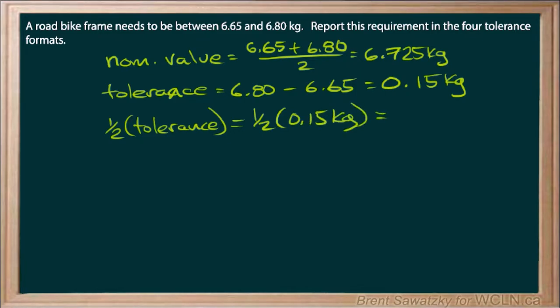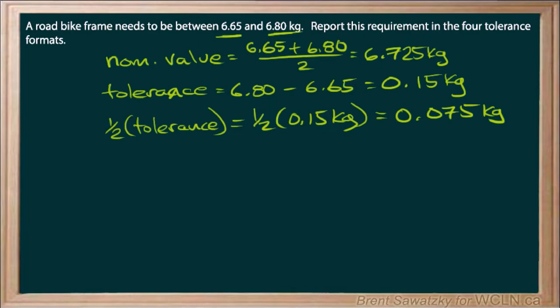And we calculate that, 0.075 kilograms. All right, so in order to do this up correctly, we need the maximum and the minimum, but we were already given that in the original question. So I think we're good to go here.